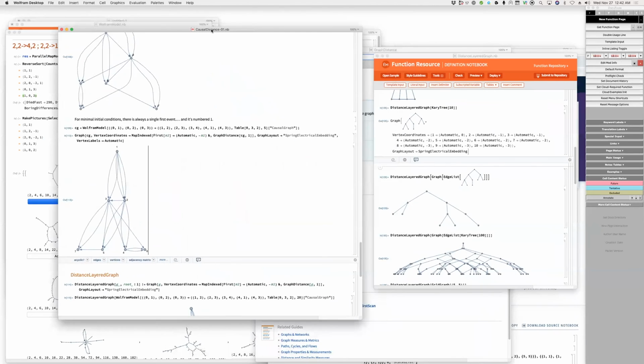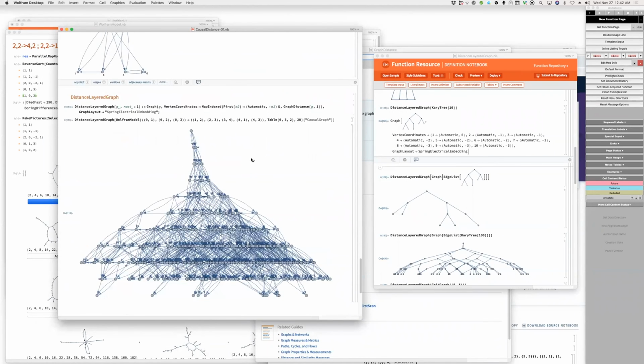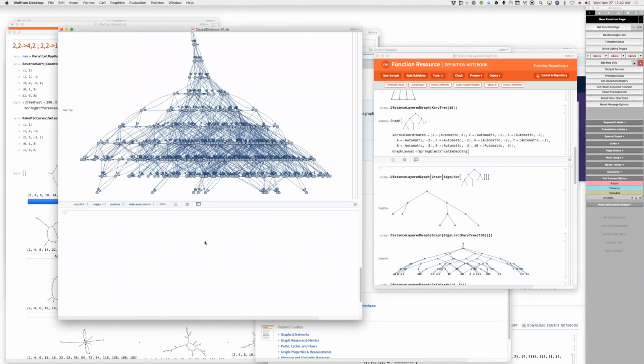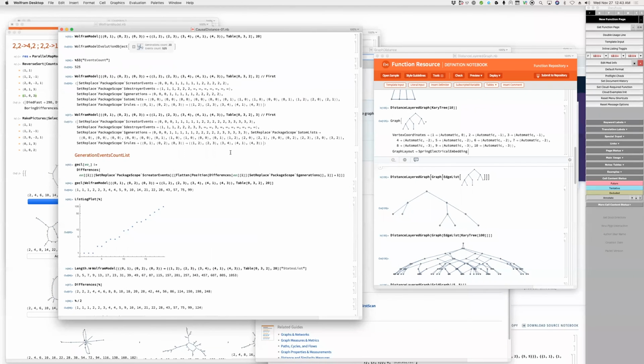All right, let's go back here to the question of, okay, so this is now, we want this to be a generation layered graph, right? And so for that, we have to go all the way back up here and pick up the generations, right?